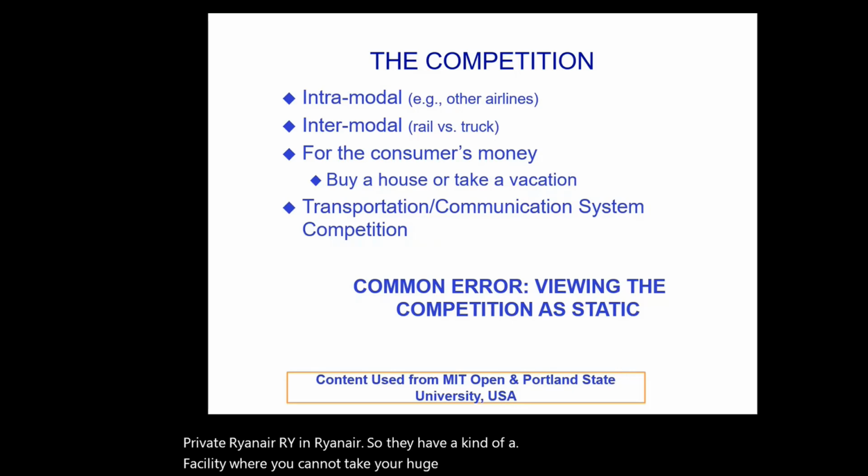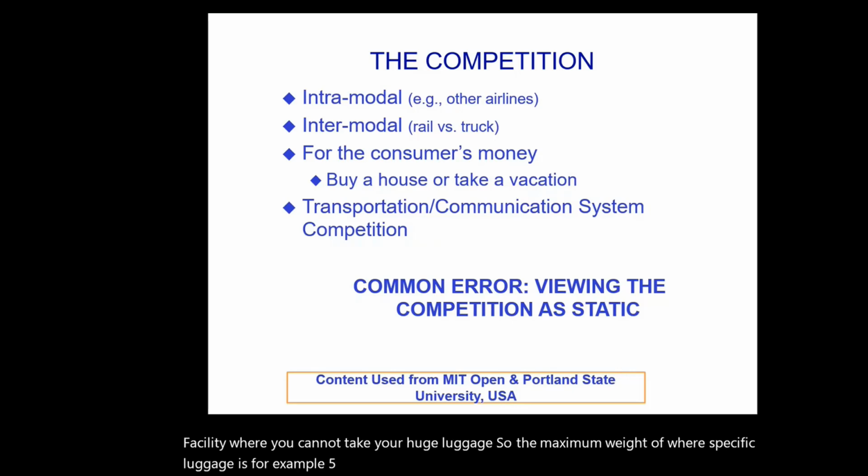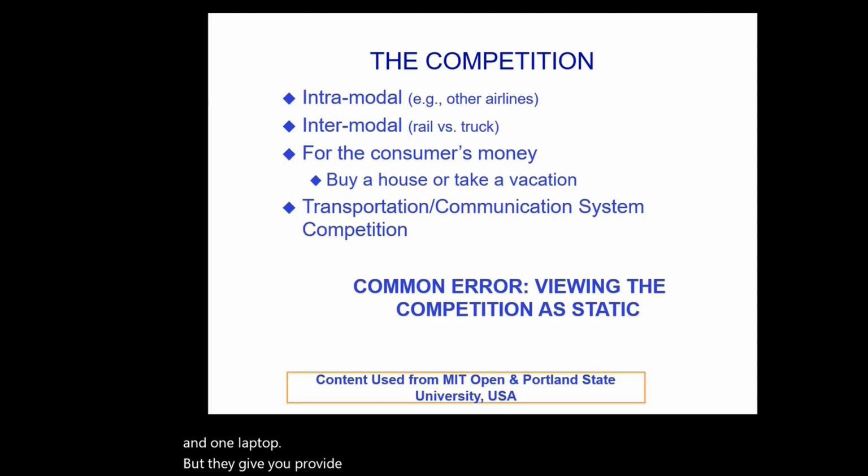The maximum weight of that luggage is, for example, 5 to 7 kilos. So maybe you can take 3 to 4 dresses or pants and one laptop. This will be allowed, but you cannot take very huge luggage. But they provide you a seat, and they usually fly from the secondary airport as well.